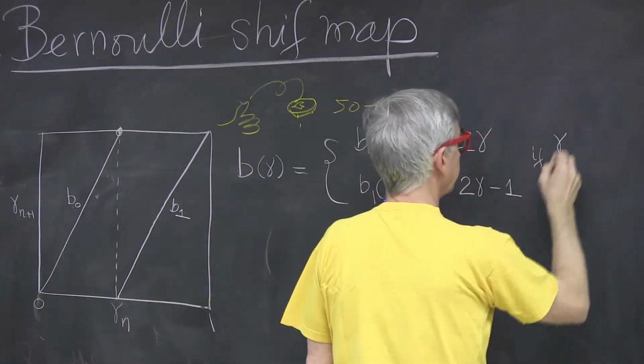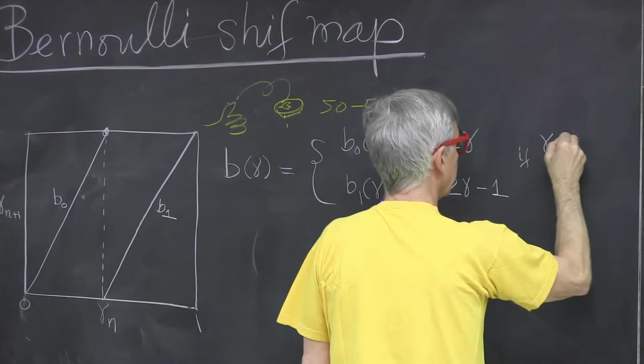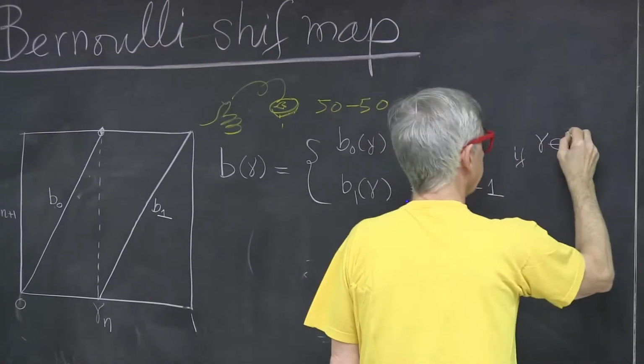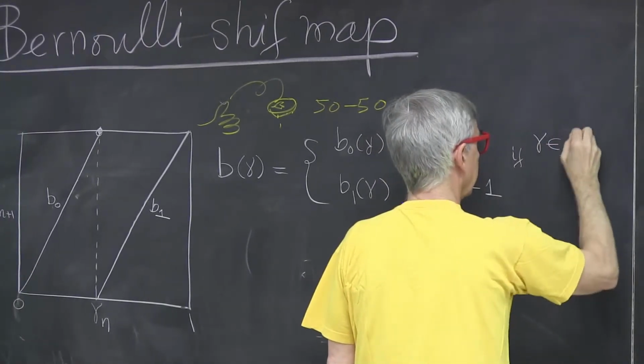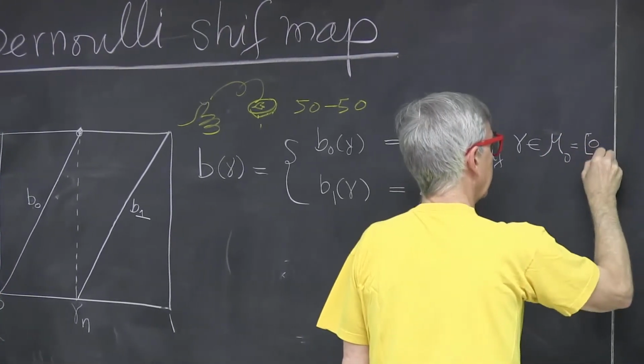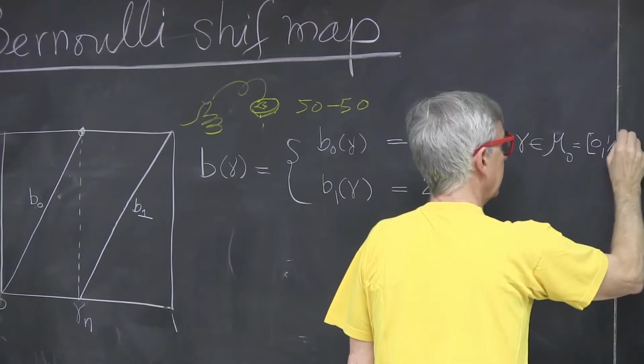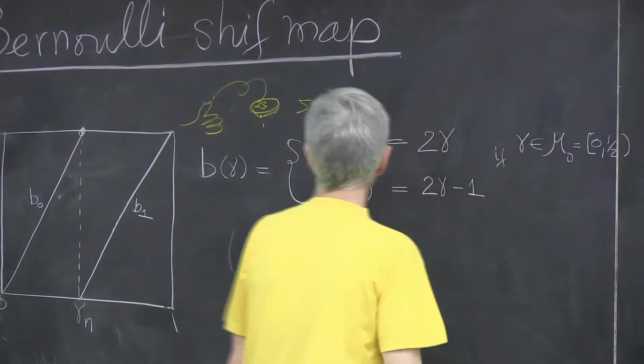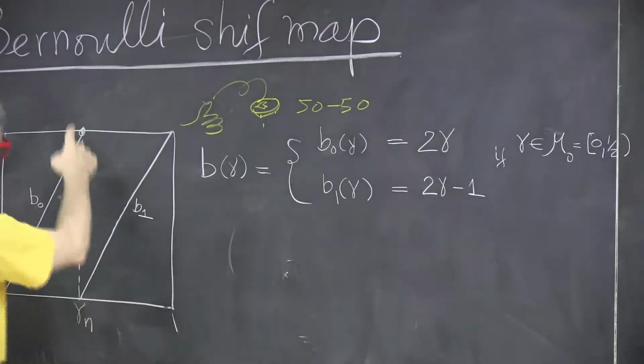You apply the left branch if gamma is in the left interval, which we'll call partition 0, which starts at 0 and goes up to 1/2, and we'll make it open. We'll exclude this point where the map is not defined.